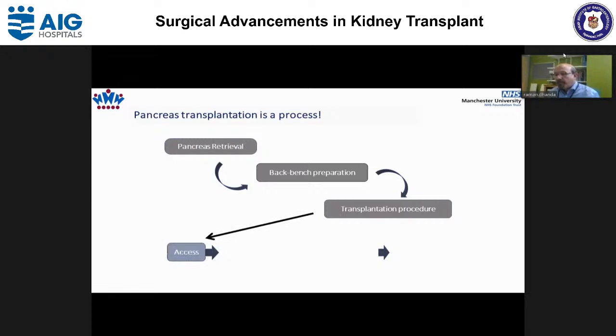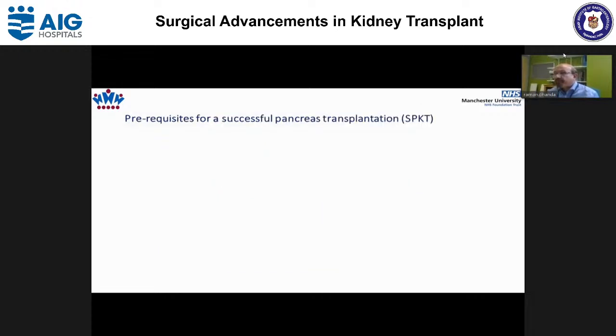The first one is achievement of adequate access, then preparation of a hemostatic retroperitoneal bed, because you have to give systemic anticoagulation to these patients to avoid or mitigate the risk of thrombosis, and then the implantation process itself.